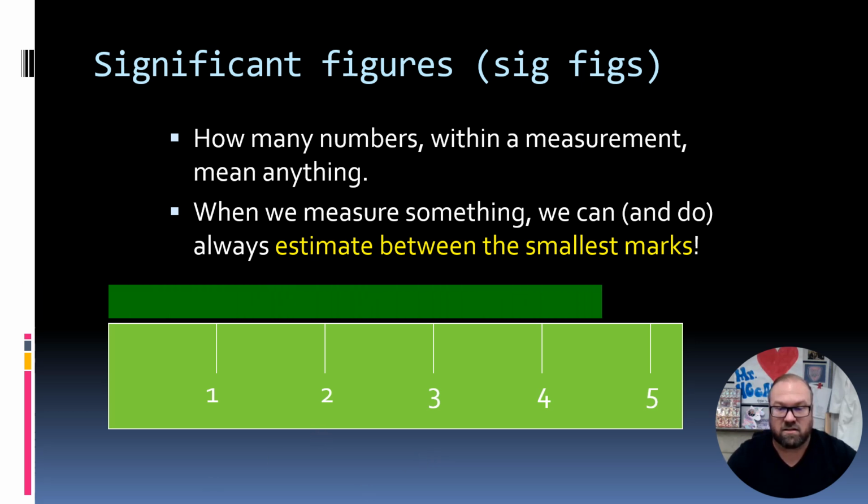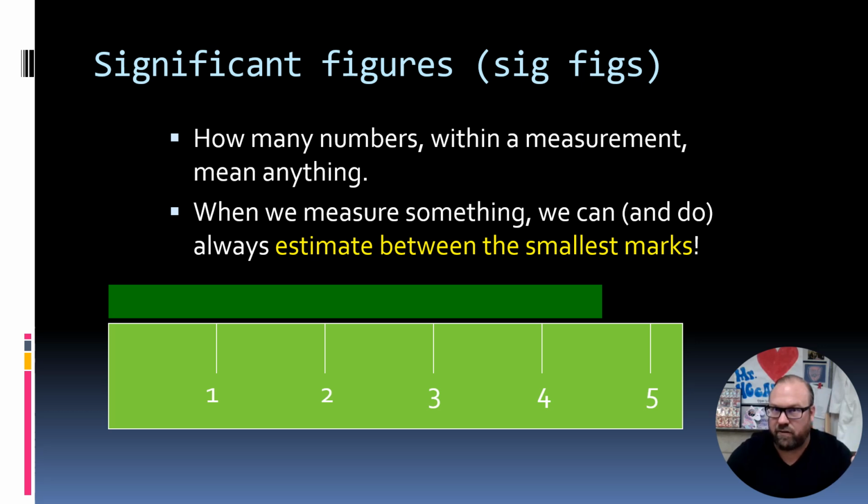Now let's enter a line. So here's an object that we're going to measure. And here's the basic concept. Significant figures are the digits that we absolutely know about the measurement. It is the numbers on the ruler that we know with 100% certainty that the object is going to measure at least the amount of.